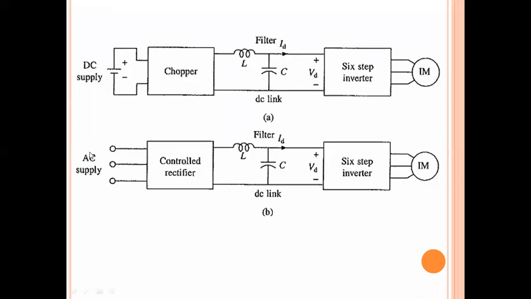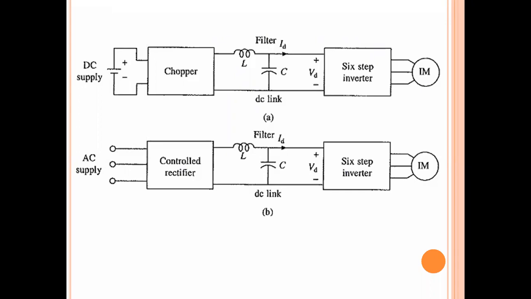So if our supply is three-phase AC, simply use a rectifier circuit and regulate the DC output voltage, and with the help of the variable DC output voltage we can apply variable voltage to the induction motor. If we have a fixed DC input voltage, then simply use a chopper circuit. This chopper circuit will control the fixed DC voltage and provide variable DC here. With the help of variable DC, we can vary the voltage given to the induction motor.